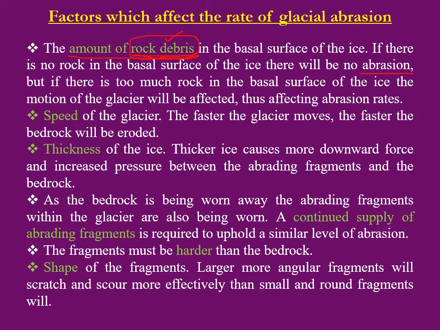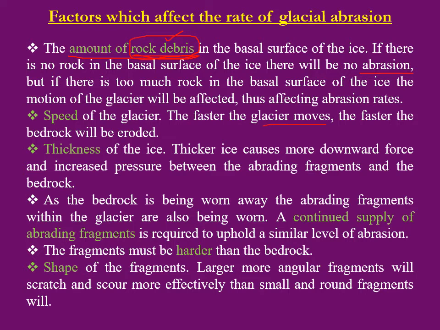Secondly, the speed of the glacier. The faster the glacier moves over an area, the more rock debris passes over that area within a considerable amount of time. Suppose you're considering a 1 square meter area and 1 year of time.